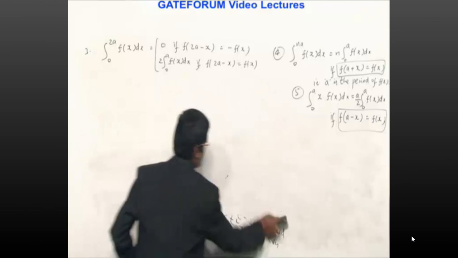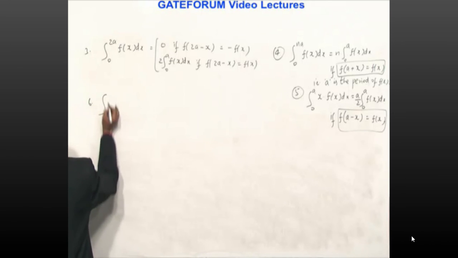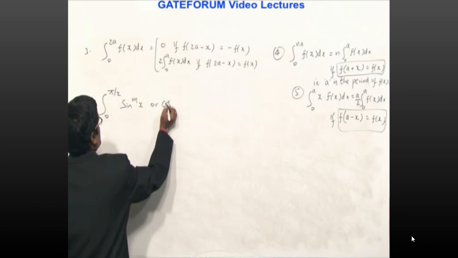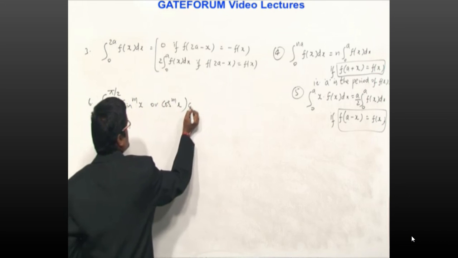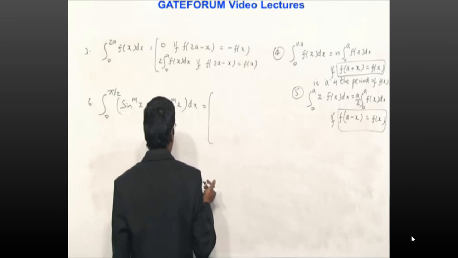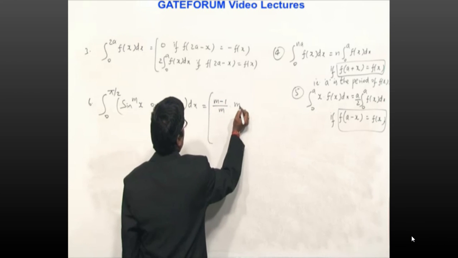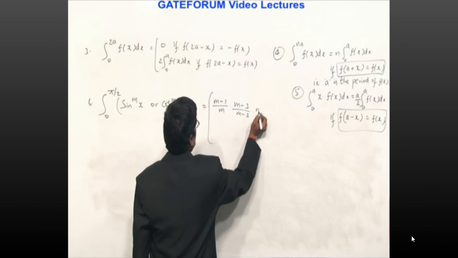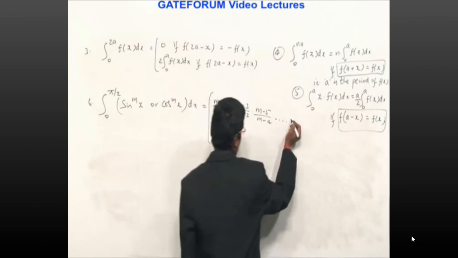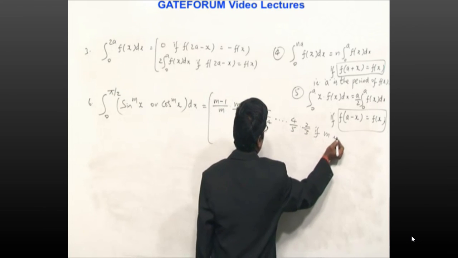And the last property is the integral from 0 to pi by 2 of sin to the power m x or cos to the power m x, where m is a positive integer. The answer has two cases: the power is an odd integer or an even integer. The answer is m minus 1 by m, m minus 3 by m minus 2, m minus 5 by m minus 4, and so on, down to 4 by 5 into 2 by 3 if m is odd.